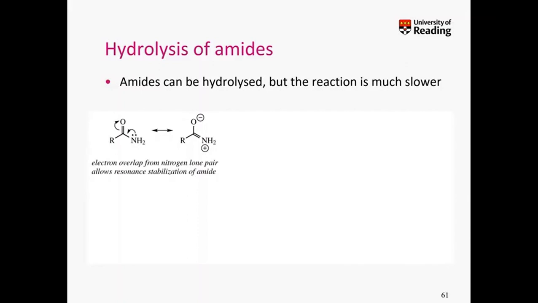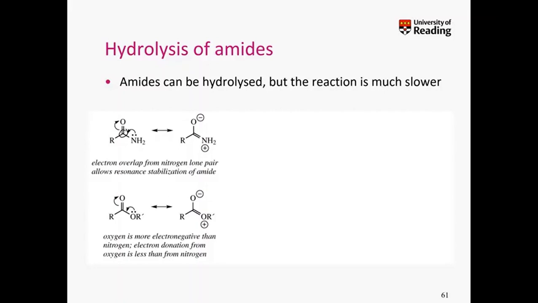So we've got two resonance structures here. What this means is that the carbonyl carbon actually gets more of a share of the electrons in an amide than you might think. The same thing can happen with the oxygen, with the ester, but oxygen being more electronegative doesn't really want to do that.